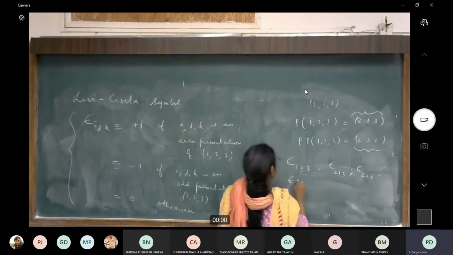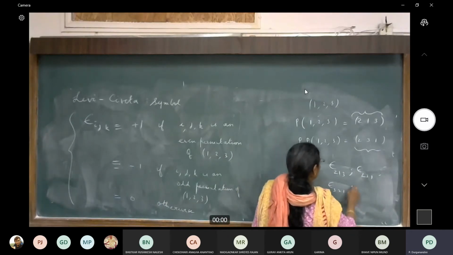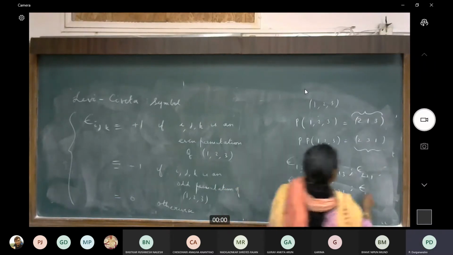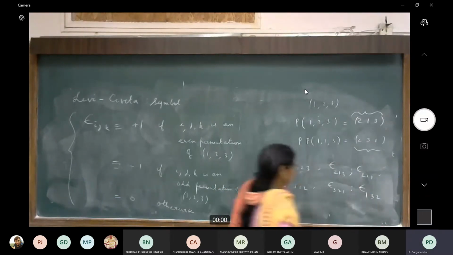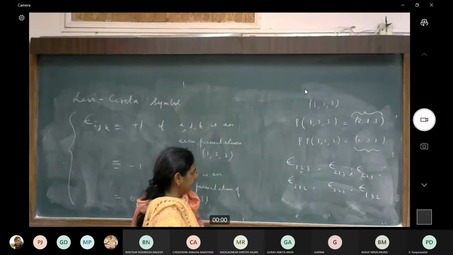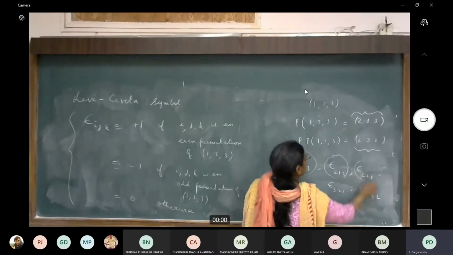What are the others? 3, 1, 2. Epsilon 3, 2, 1. And then what is the final one? Epsilon 1, 3, 2. Right? Yeah, that's right. So these are the only epsilons for which the answer is non-zero.